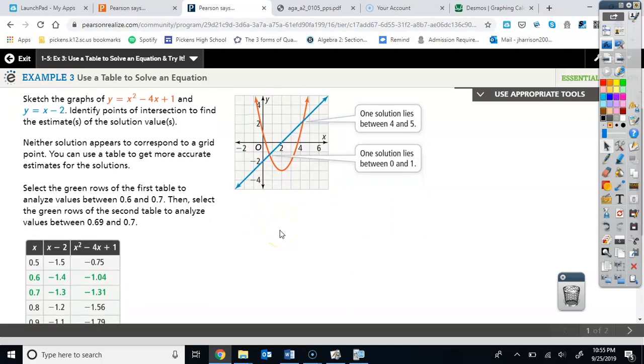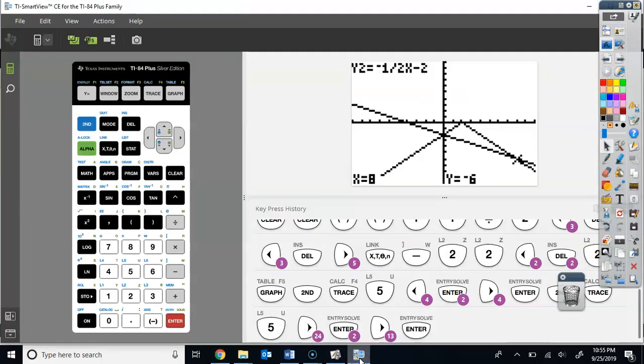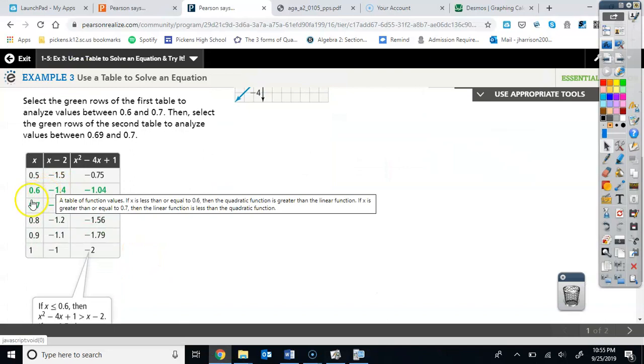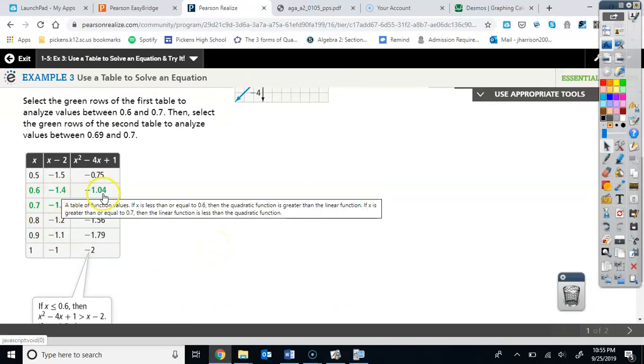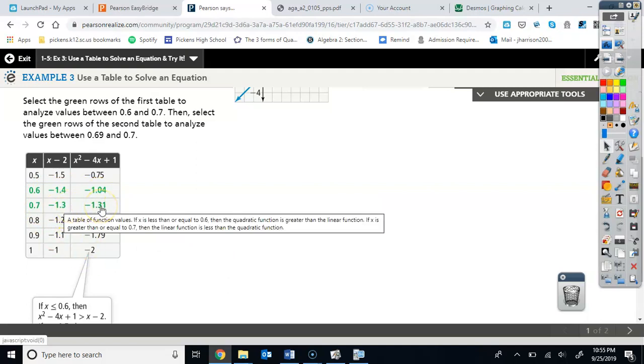What you may have to do sometimes in that situation, if it was a real life situation and you didn't have a calculator like the TI calculator, which we'll use here in a second, is make a table and see, oh, right here, they're pretty close to equal to each other at either 0.6 or 0.7.